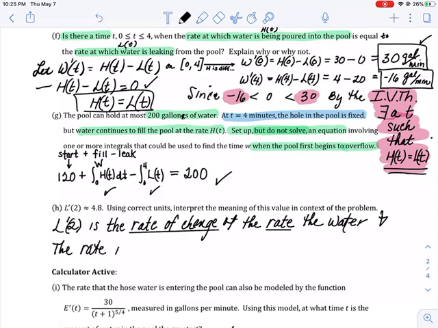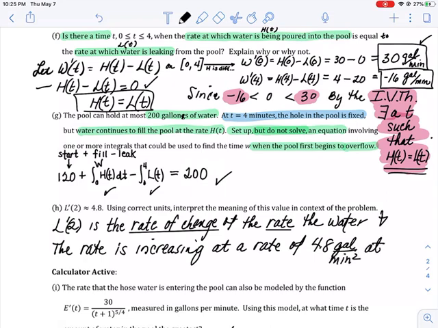So the rate is increasing at a rate of 4.8 gallons per minute squared at t equals 2 minutes, and the units on there are minutes.